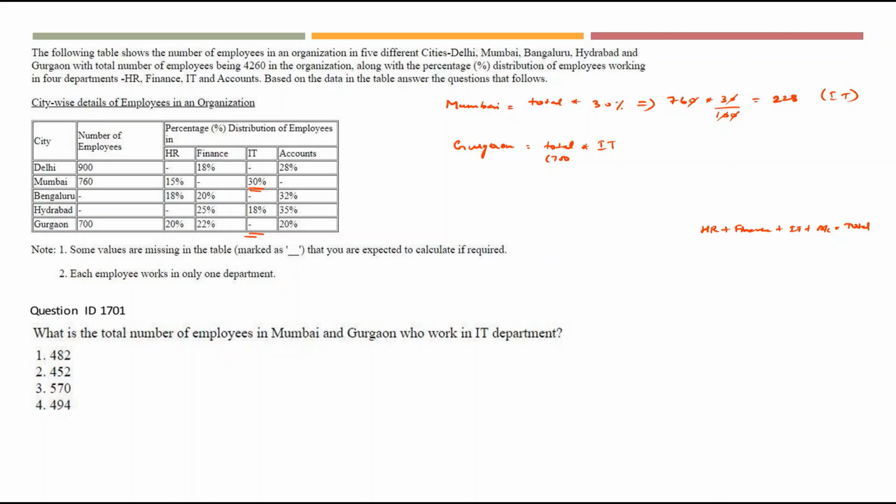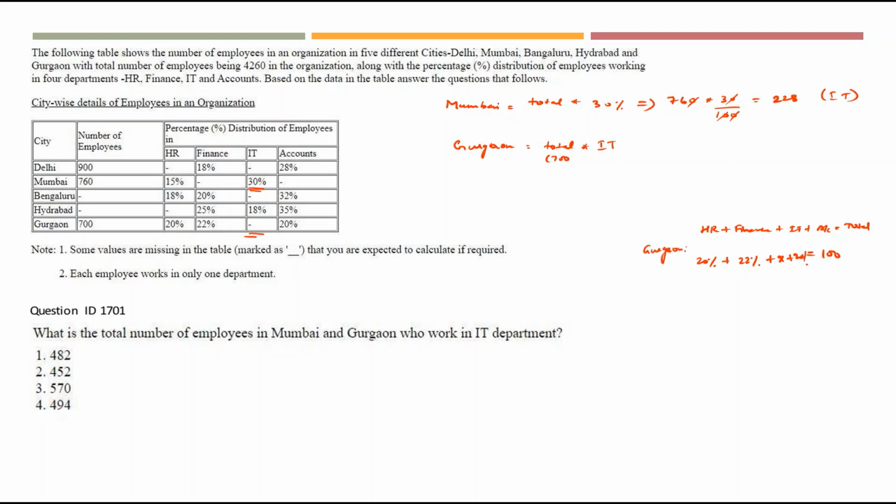Percentage is expressed out of 100. So when I say 20% in HR plus 22% in Finance, let me take IT's percentage to be X, and Accounts percentage is 20% for Gurgaon. This will be equal to 100.